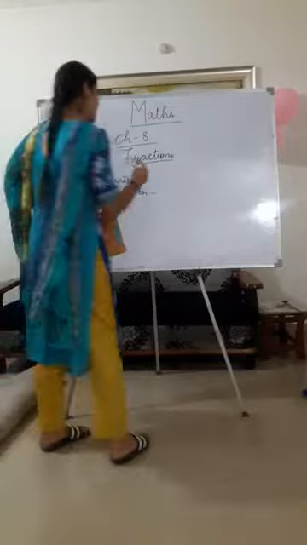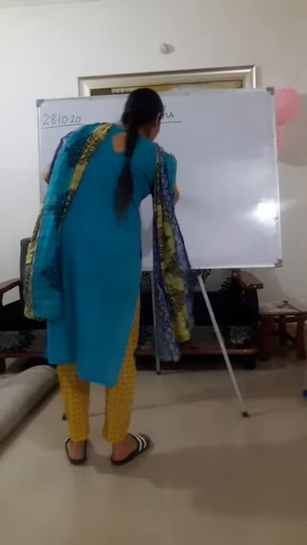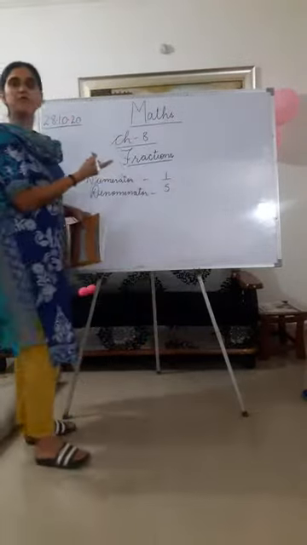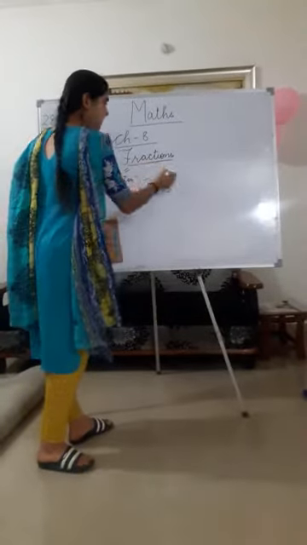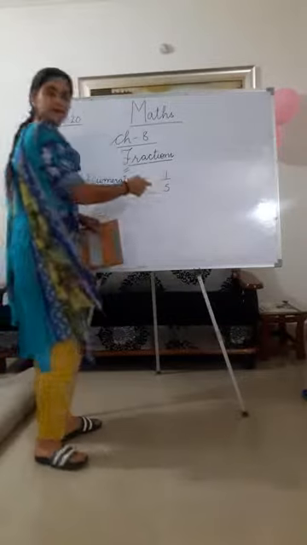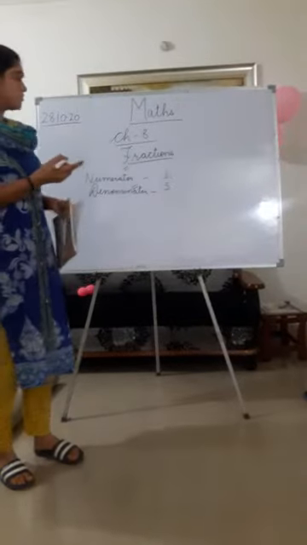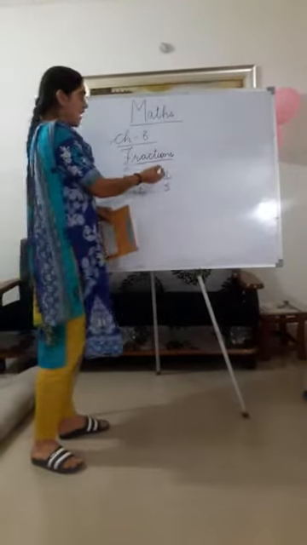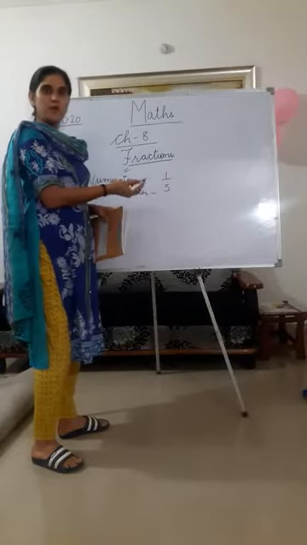Let's take an example. Like in this fraction 1 upon 5, 1 is the numerator because it is the upper part and 5 is the denominator because it is the lower part. So, numerator means the upper part and denominator means the lower part.